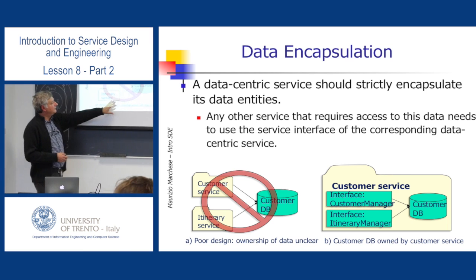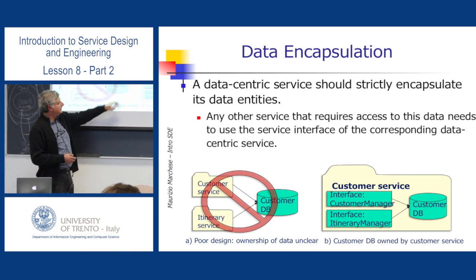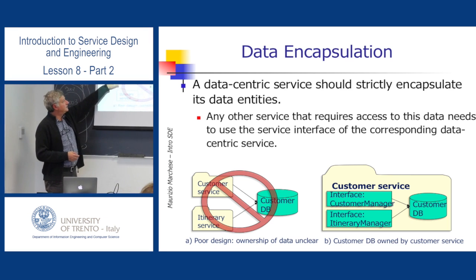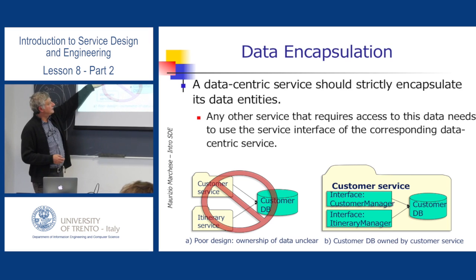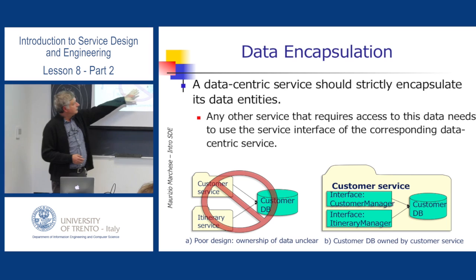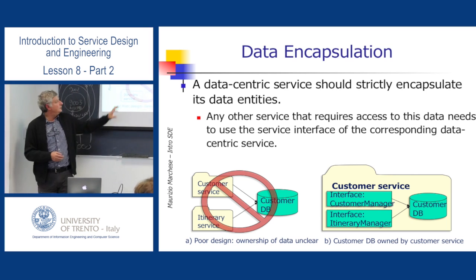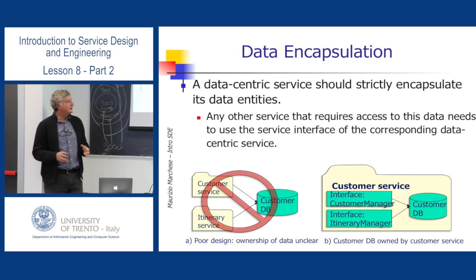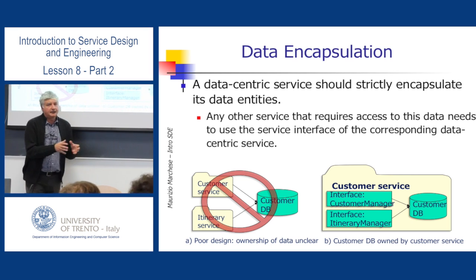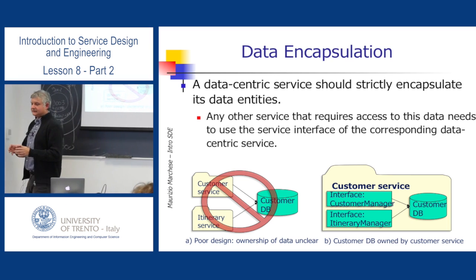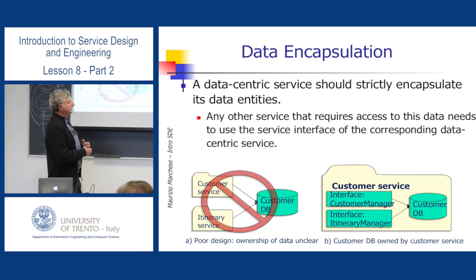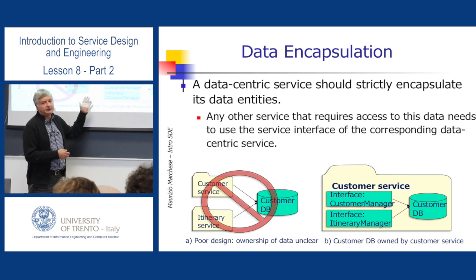One is that you have one particular customer database, and you are building two services, one providing access to the customer data, and one to the itinerary, which is also using the customer service. You can build them as independent, but it's much better to group them together in a particular service that provides more than one functionality. So you can have one interface for the customer manager, one interface for the itinerary manager.